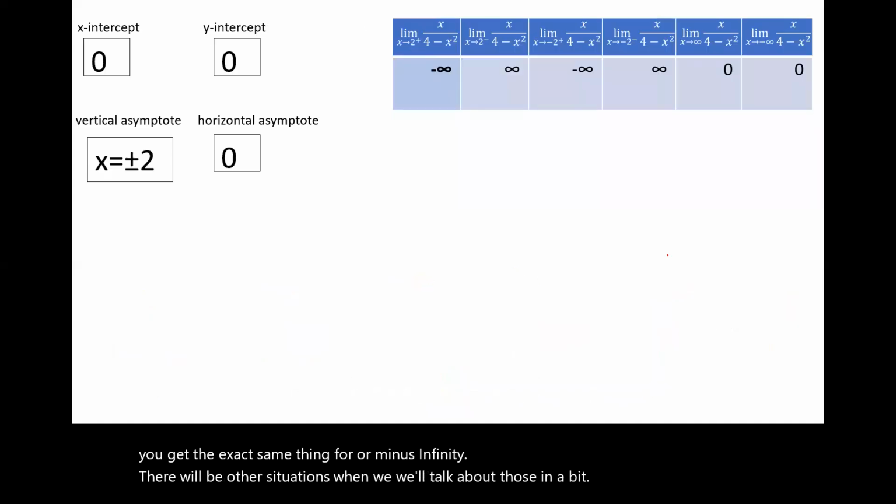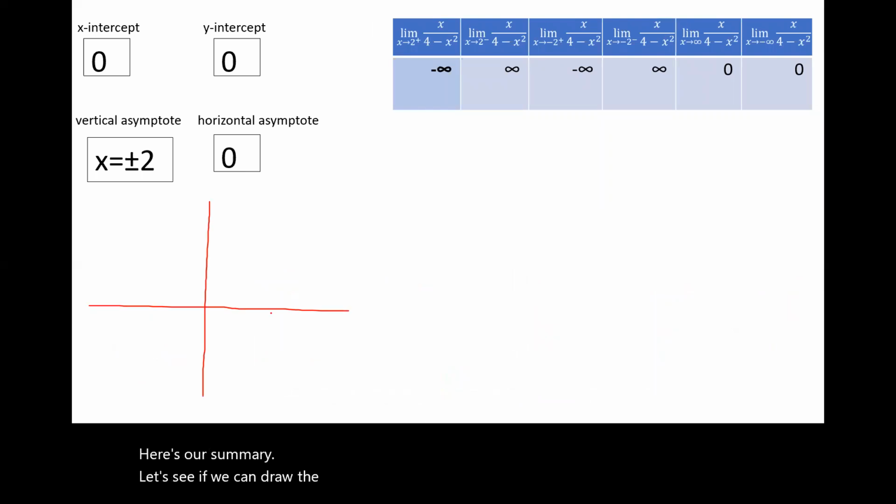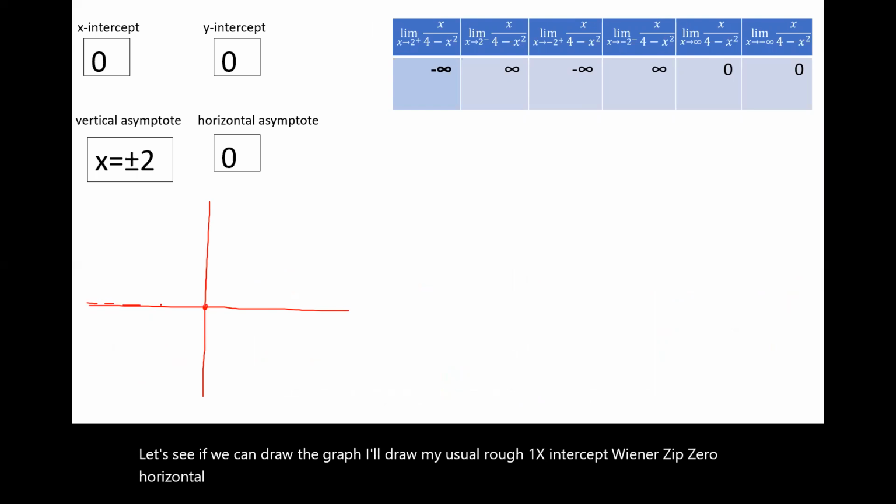So here's our summary. Let's see if we can draw the graph. I'll draw my usual rough one. X-intercept, y-intercept 0. Horizontal asymptote at 0. Vertical asymptote plus or minus 2.